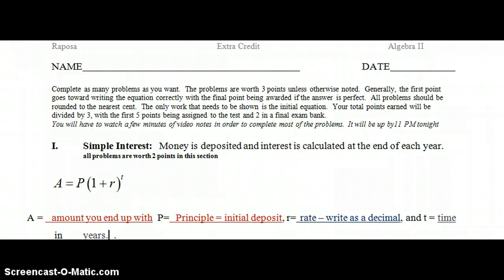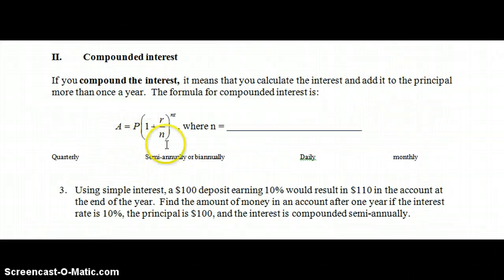The next part deals with compound interest, and we're going to need to know what one additional variable stands for. The difference between this crazy formula and the last one is this tiny little n that is up here. N stands for the number of compoundings per year.